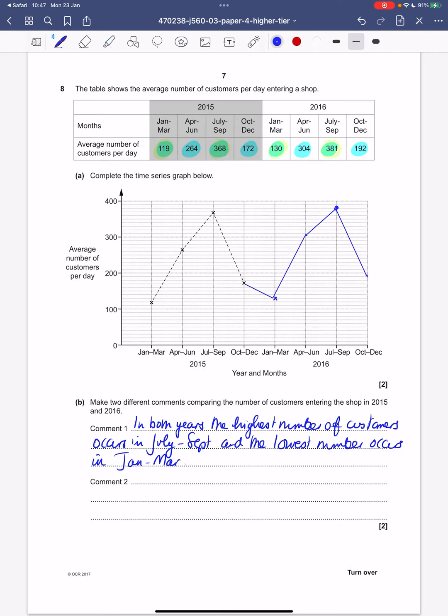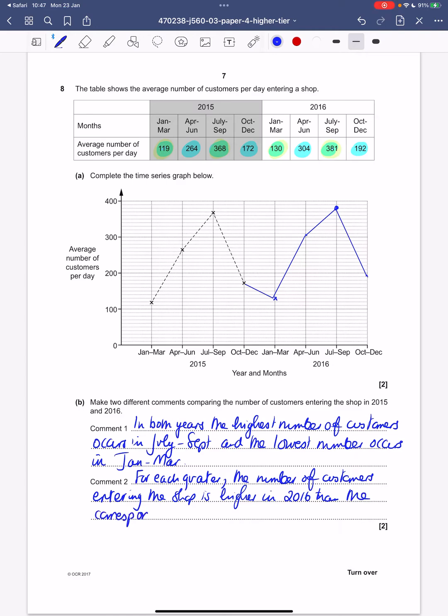So we can say for each quarter, as in the quarters are January to March, April to June, etc., the number of customers entering the shop is higher in 2016 than the corresponding quarter in 2015.